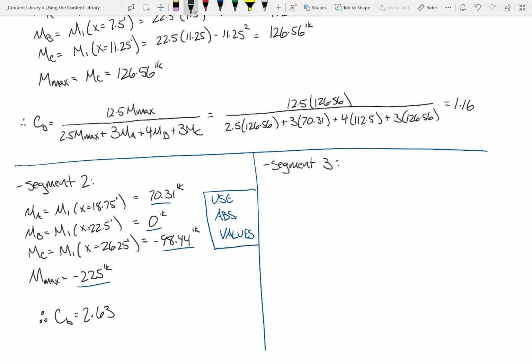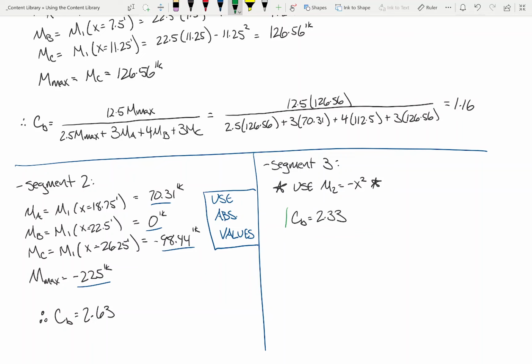2.63. And for segment 3, because we're running short on time, what I'm going to say is use M2, which is minus x squared because that's on the other end. When you chug this one out, you're going to get CB is 2.33.